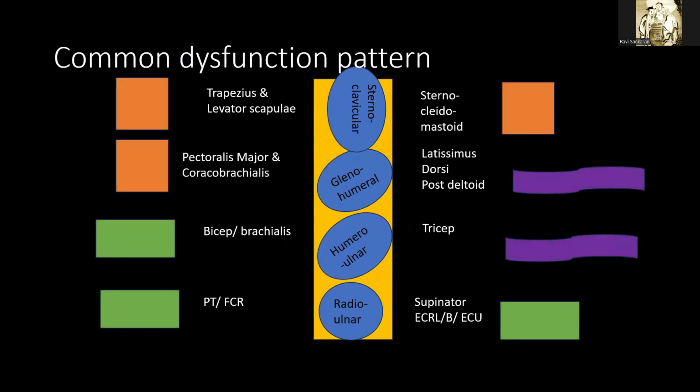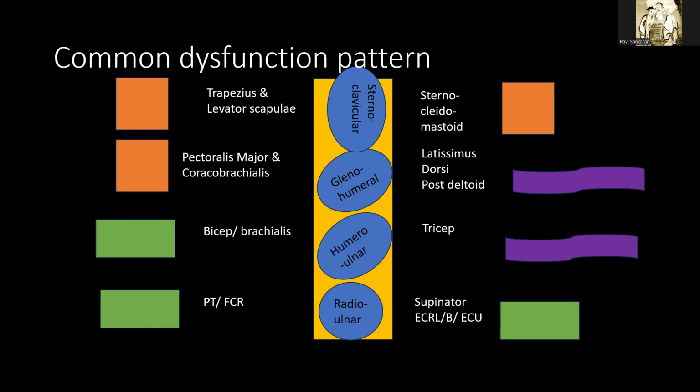Now, there are very common dysfunction patterns that emerge when a person has a shoulder dysfunction. Proximally, we find that the trapezius, levator scapula, and sternocleidomastoid will be very tight, meaning the sternoclavicular joint may not be that free to move. The glenohumeral joint can have a tight pectoralis major, coracobrachialis, and possibly even an overstretched latissimus dorsi or posterior deltoid.